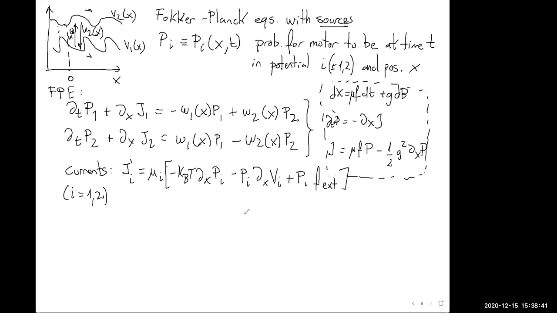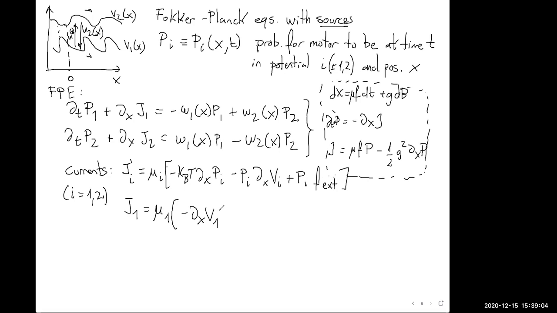So what does this mean? You see that here there are three terms. We can also write, for example, J1 is, the first term is, we can take this with this with this. This is basically mu1, and now we have minus partial x v1.